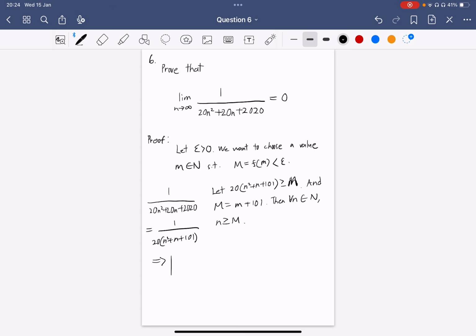This implies that if we take the limit, we take this 1 over the denominator, we get this 1 over n squared plus n plus 101, which is always less than or equal to 1 over n plus 101, which is always less than epsilon.